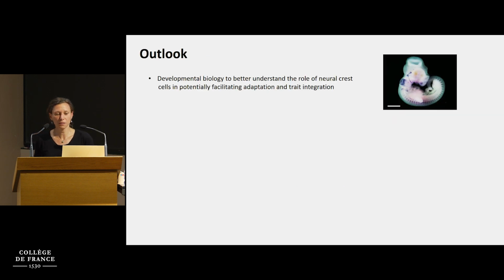A brief outlook is that we're continuing right now with more developmental biology to really understand neural crest cell biology and to see if there's a difference in neural crest cell biology between the pure greens and the pure browns. We're doing that by sorting neural crest cells from early embryos and then combining that with single-cell RNA sequencing.